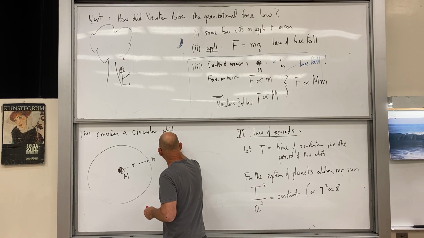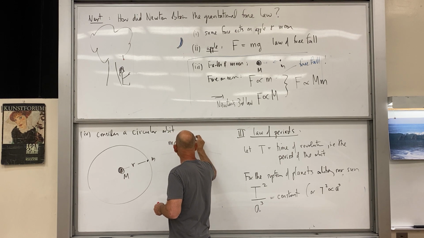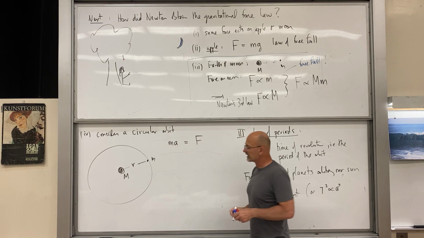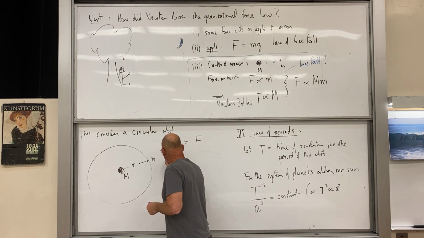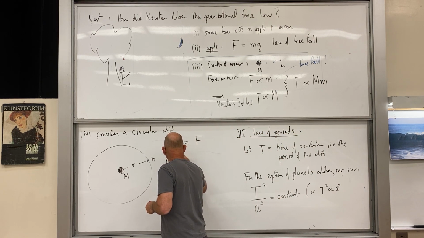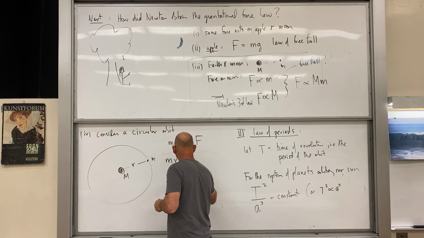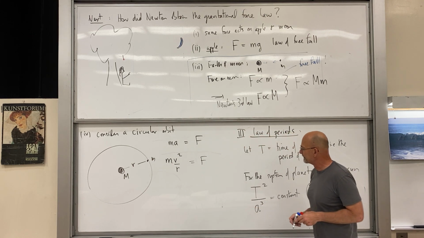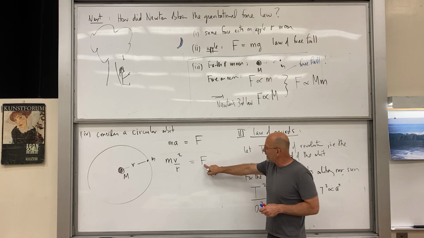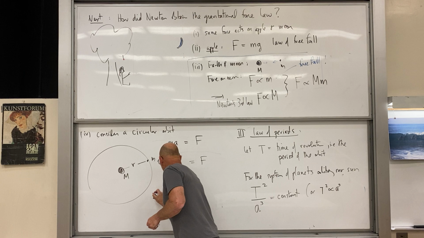Now we have mass times acceleration is force, right? Newton's law of motion. It's a circular orbit, so that's mv squared over r is equal to F. Okay. So what we're going to do now is analyze this.